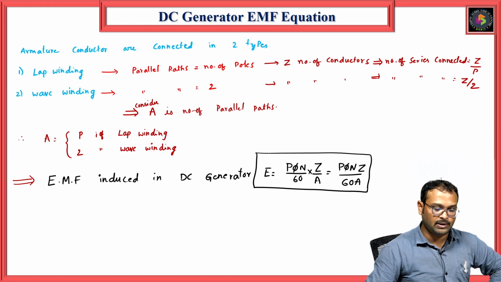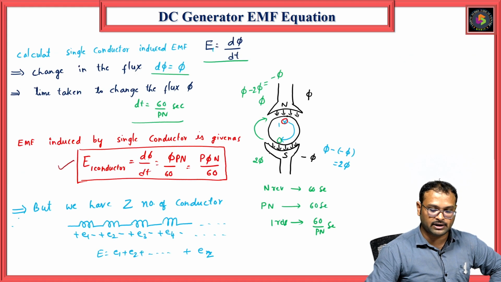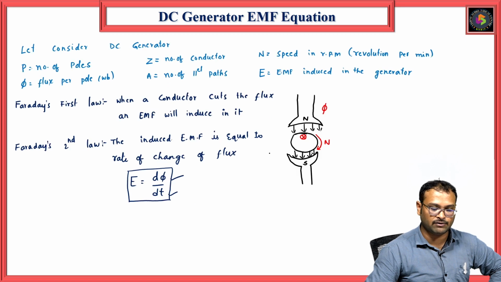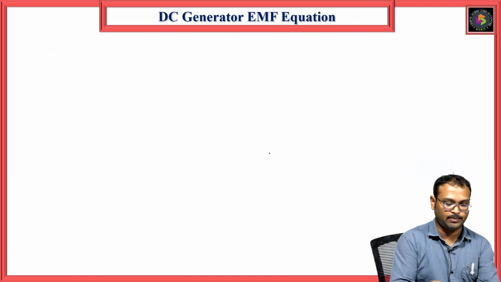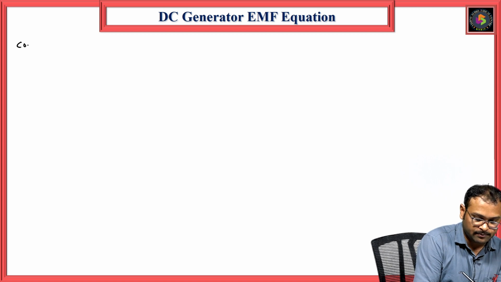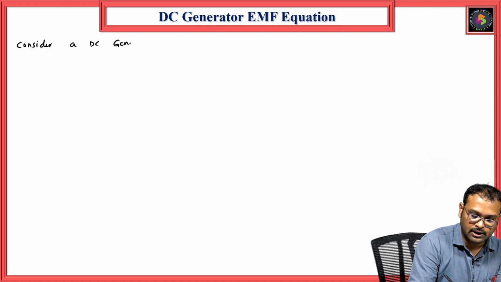This is the explanation of how the EMF equation of a DC generator is derived. If you want to write it in exams, we go with the conclusions we discussed up to now. Simply I will write here: consider a DC generator with P number of poles.